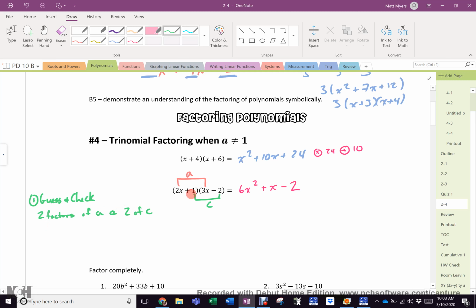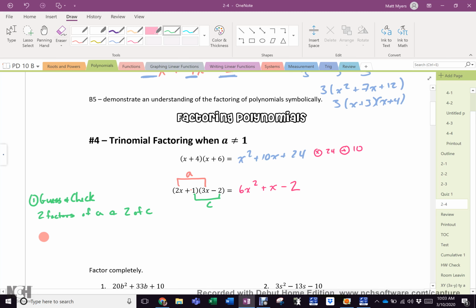Okay, so pretend we don't know the right answer. Pretend this is all you have. What are 2 factors of 6? 2 and 3 or 6 and 1, right? Those are your only options, yeah? And what are the factors of 2? 2 and 1, right?